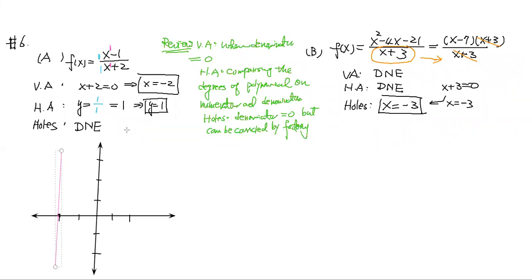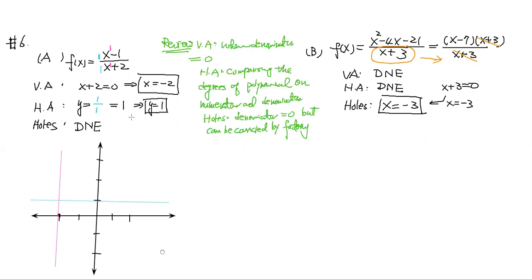Then my horizontal asymptote is at y equal to 1, so let's draw a horizontal asymptote here. Now I can graph my function.